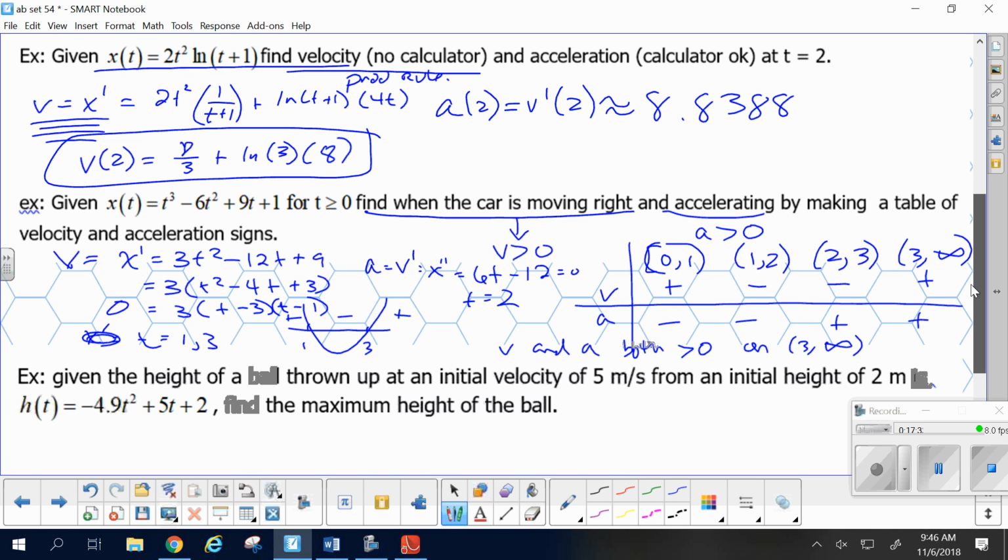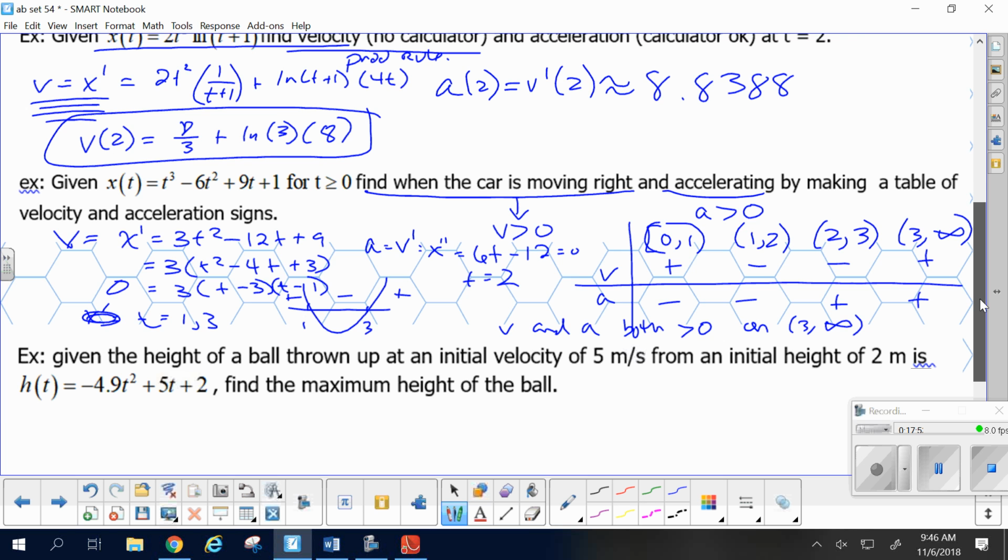Later on, we'll talk about speed. Did you guys talk about speed, Cal Connors people, last year? Yeah. Okay, when is speed increasing? What is the absolute value of velocity? Speed is increasing when velocity and acceleration have the same sign. So you would say there and there. We'll talk about that later. I just wanted to see if you guys knew that.